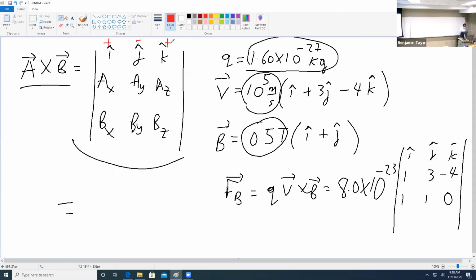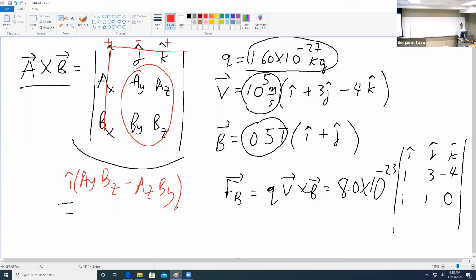So for example, say that this is I hat into then. The way you do it is that you close this row and this column here, and then you calculate the determinant of this, which is AY BZ minus AZ BY, right? And then the next term is negative J hat. When you calculate J hat, you close up this row and this column here.